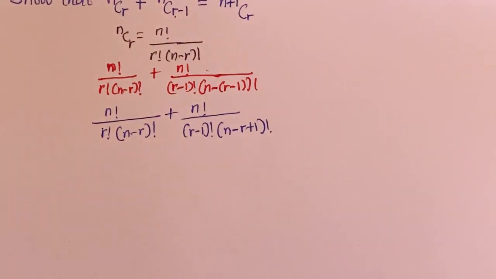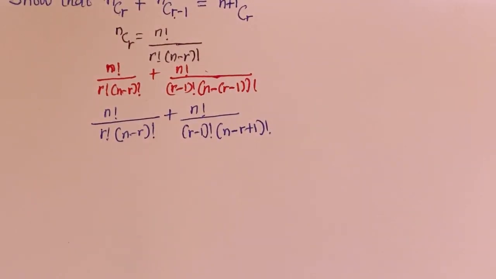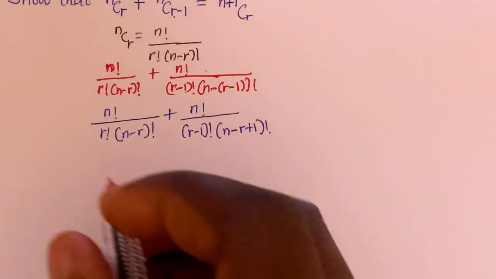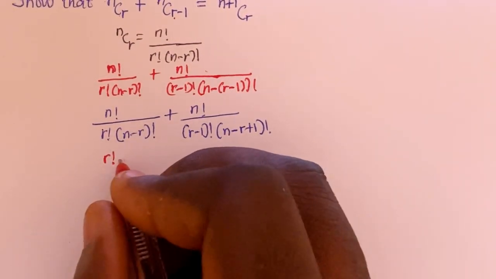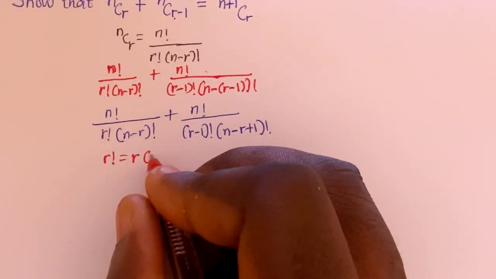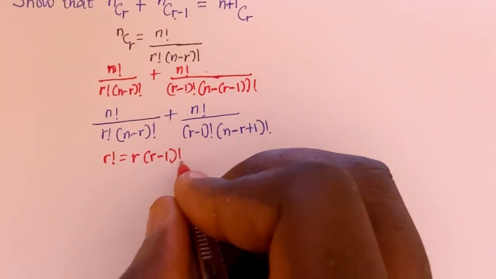So now what am I going to do in this case? I need to recall some identity, some factorial expression: whenever I have r factorial, it's just as writing r into bracket r minus 1 factorial.